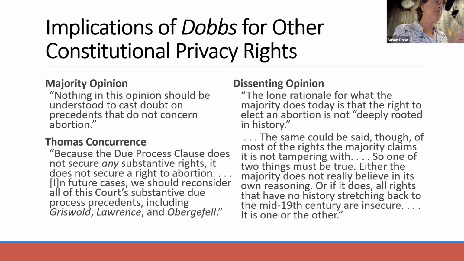And that was another half of Dobbs that we haven't even talked about, which is a big fight about when it's appropriate to overturn a precedent. And that's a significant part of both opinions, is a fight about that question. And that too is a very esoteric legal question.